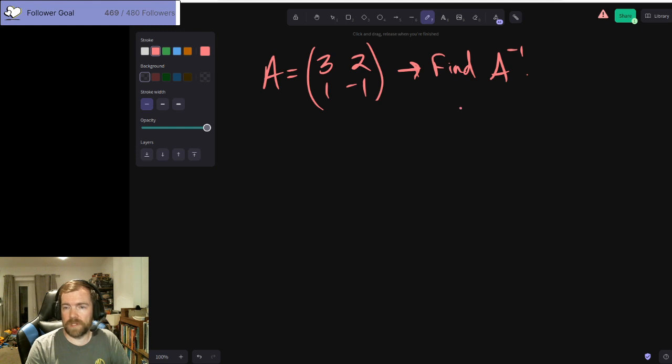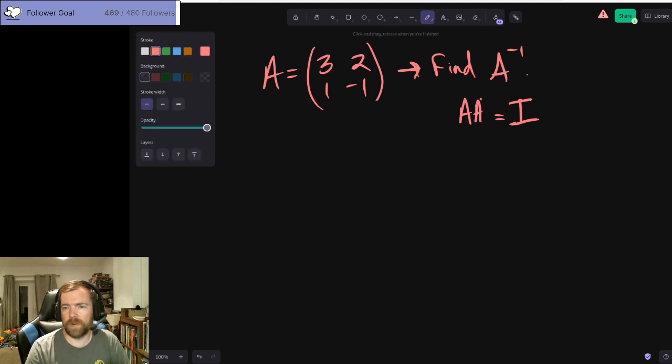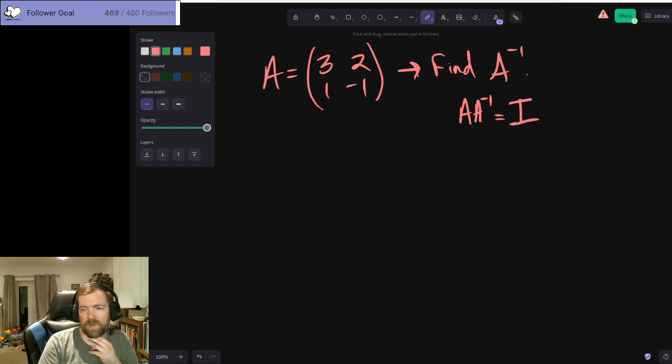One of the ways to do this is to say, okay, what we've got is A times X is equal to I. And in fact, it can't be a vector x. It needs to be inverse. Right. So A times A inverse is going to get us the identity matrix.